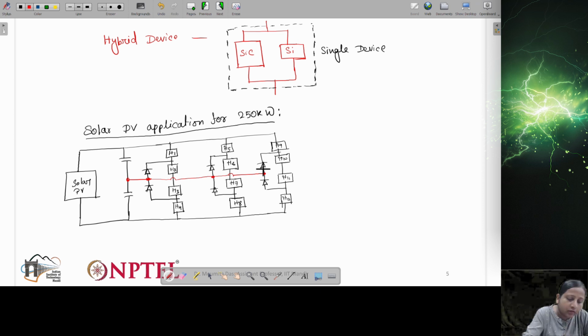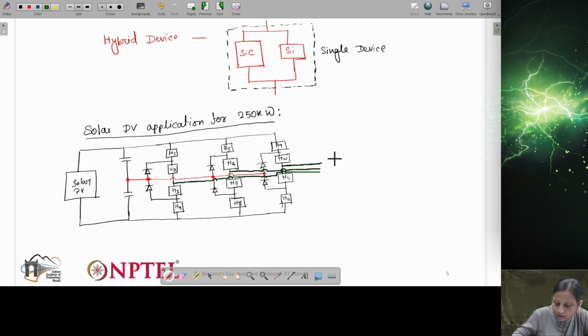Right. Now different phases can be taken out. So let me take a different color. So this is one phase, this is another phase, and this is another phase. Okay, let's say this is A, B, C.